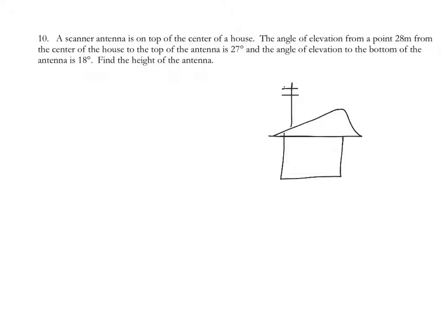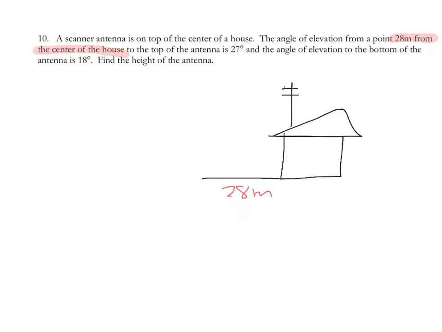So first off, they told me the angle of elevation from a point 28 meters from the center of the house. So that 28 meters is how far we're going out from the house. So that's going to go here.